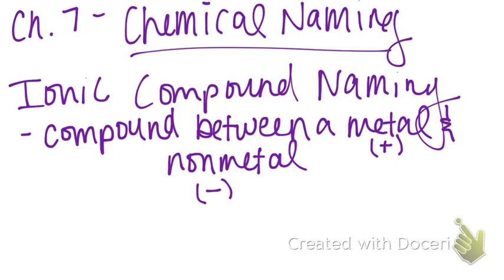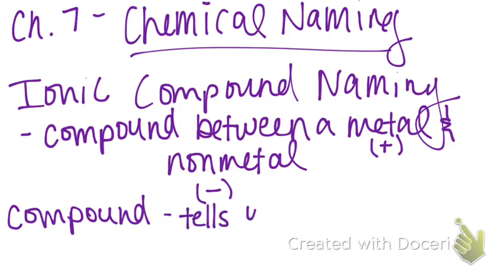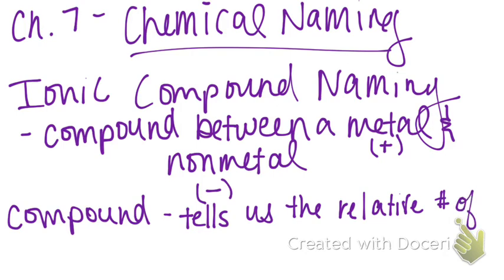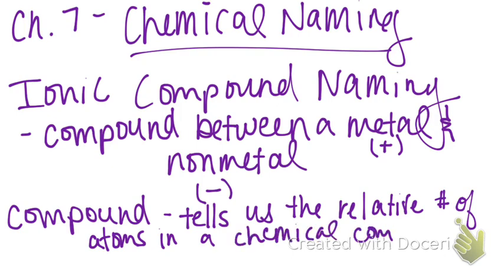So when we deal with a chemical compound, an ionic compound, I'll give you kind of the definition. A compound tells us the relative number of atoms in a chemical... I wrote the wrong word down here, so I'm going to have to change it.